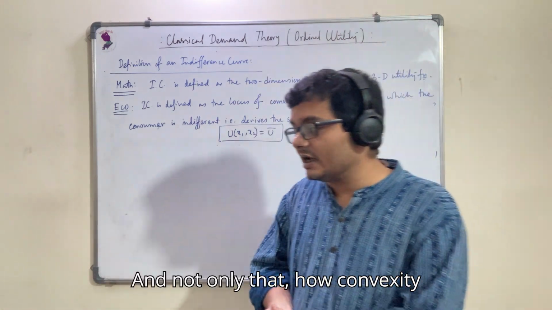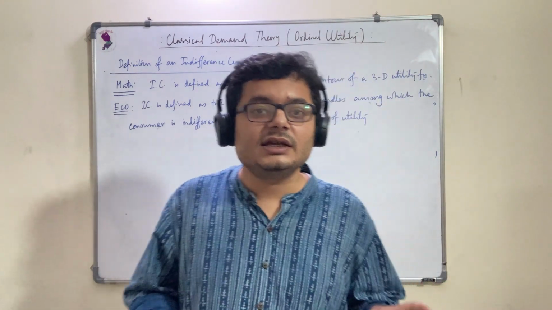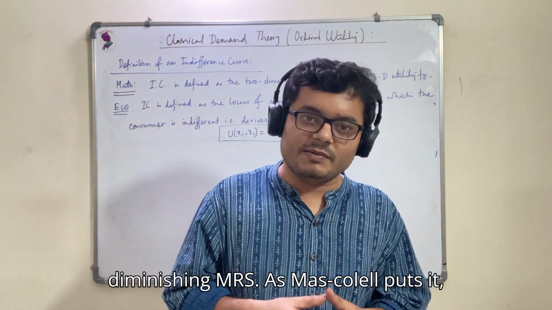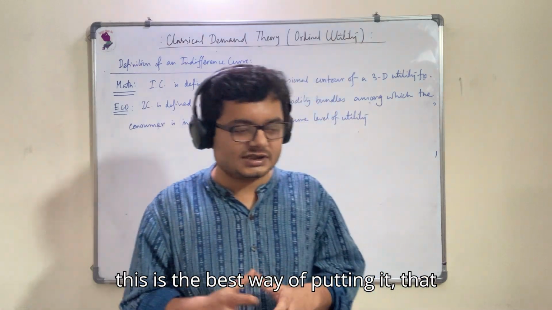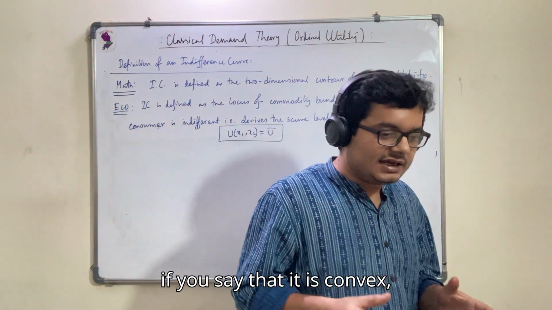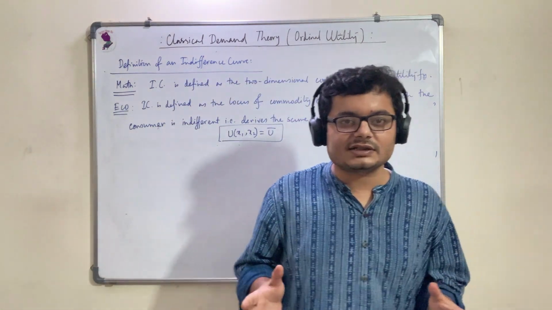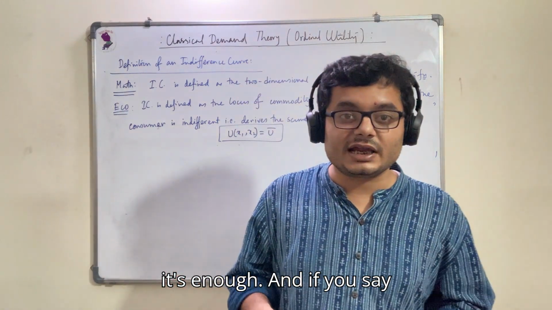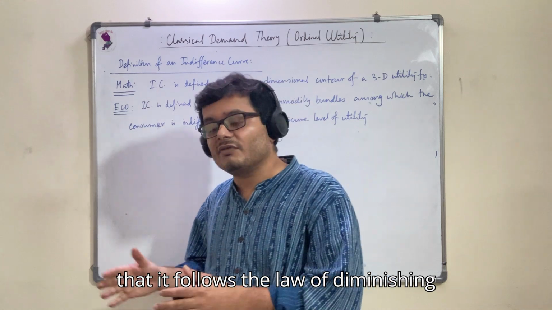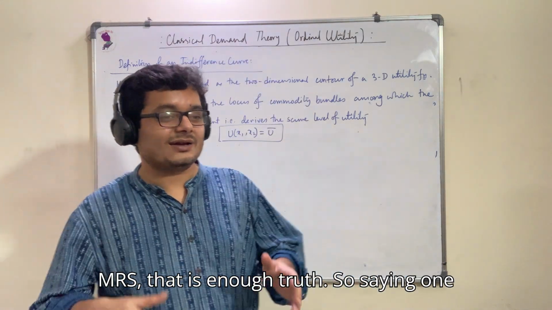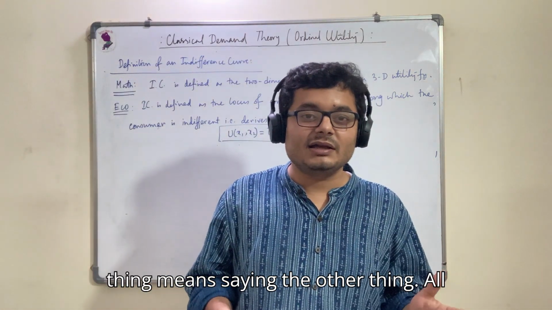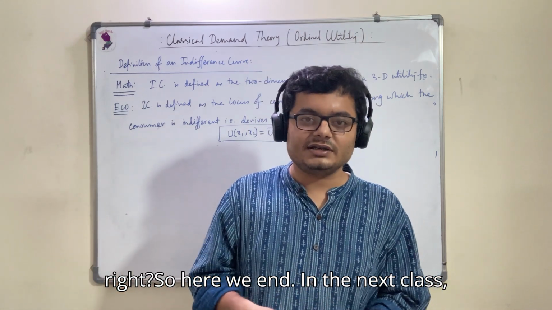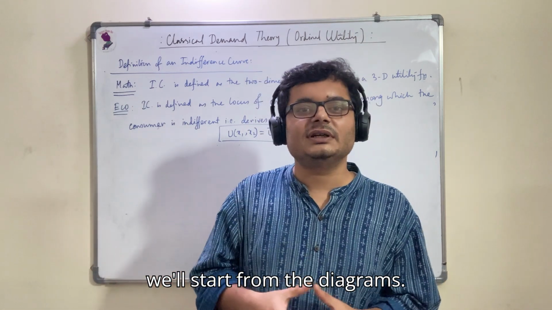And not only that, how convexity is related to the famous law of diminishing MRS. As Mas-Colell puts it, if you say that it is convex, it's enough, and if you say that it follows the law of diminishing MRS, that is enough too. So saying one thing means saying the other. Alright? So here we end. In the next class, we will start from the diagrams.